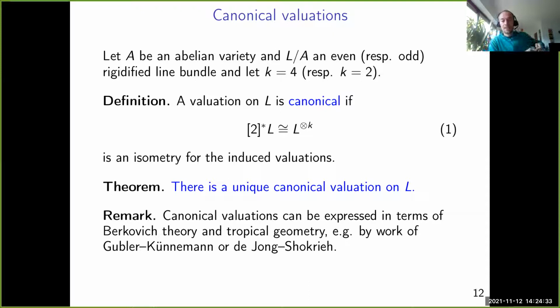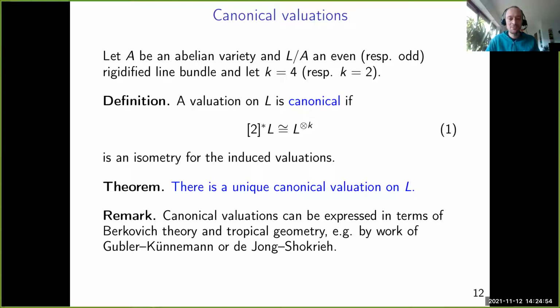Because we talk about valuations, which in particular are Q-valued, you also have to show that you actually get something Q-valued using this construction, which maybe isn't immediately obvious, but if you reinterpret these metrics in terms of intersection multiplicities on Néron models, then you get this at once.